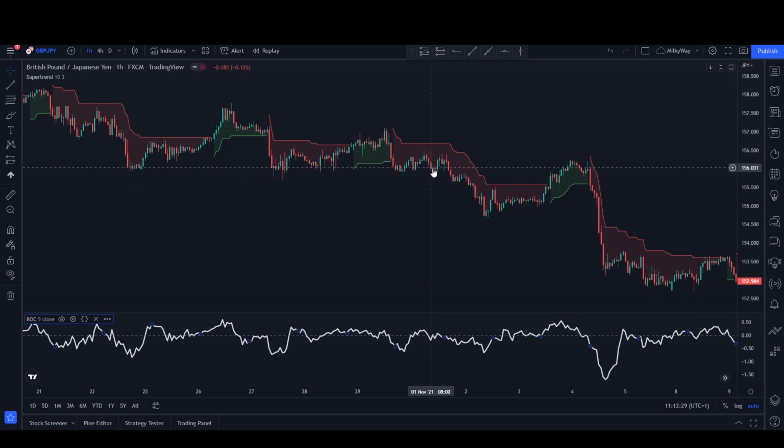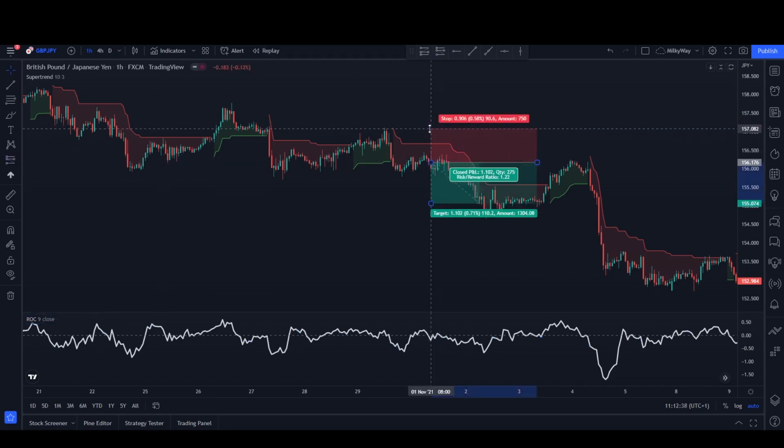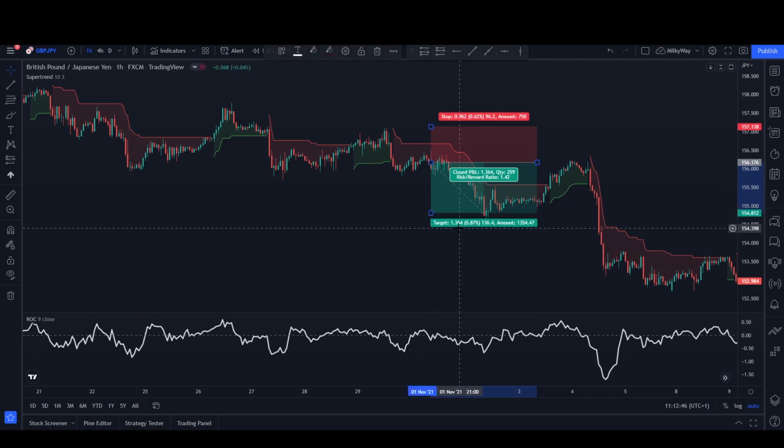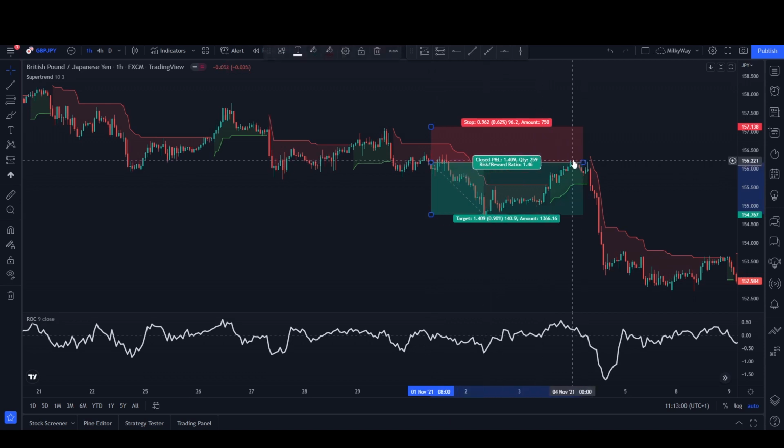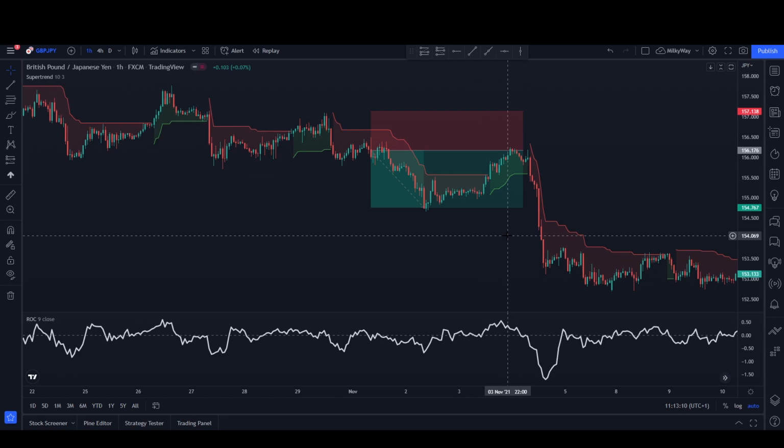So essentially we would go short right here at the end of this candle, and then we would have placed the stop loss at the last swing, which is here, and we would be moving the stop loss in the direction of the trade by 1R. So essentially in this case, the maximum open profit would have been 1.56. So we would have moved the stop loss to break even, and we would have been stopped out here for zero loss. So let me show you a few examples and then we'll go straight into the backtest.